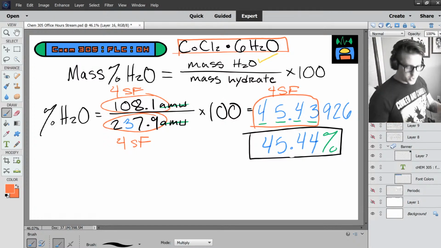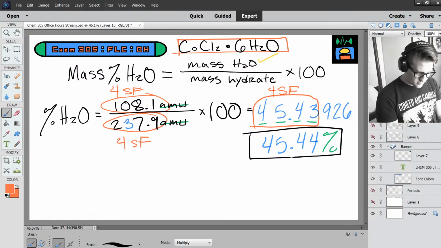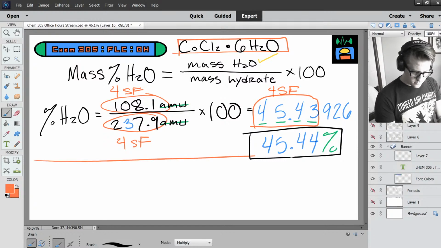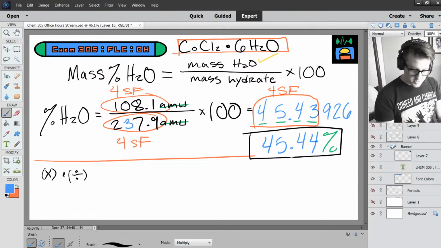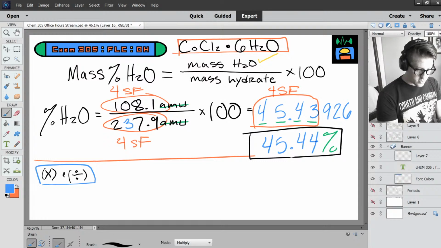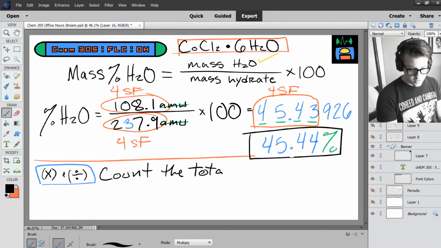Okay, right. So here's the thing to remember. When we are talking about multiplying and dividing, all right, so for multiplication and division, you count the total number of sig figs.